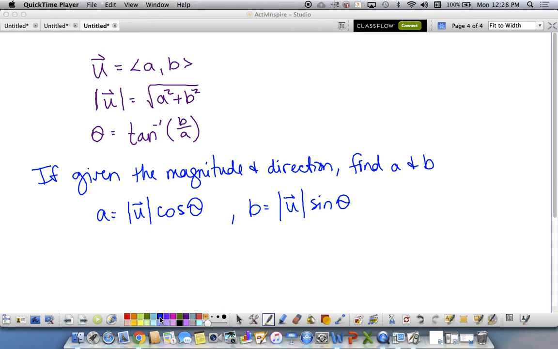Let's work one problem where I give you something. We did one the other day. If vector V has components 5, 2, can you find the magnitude of vector V? Square root of 5 squared plus 2 squared, 25 plus 4, is the square root of 29, correct?